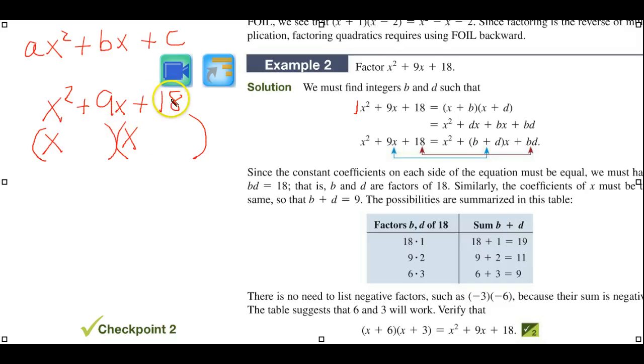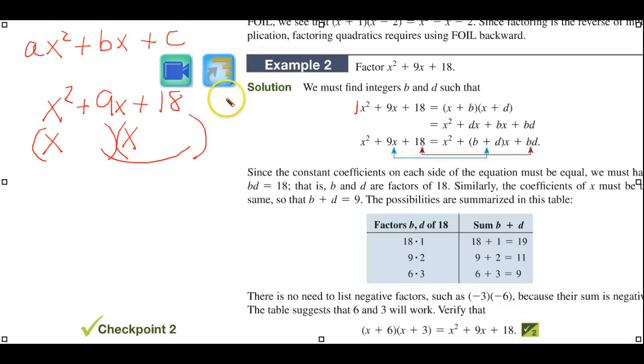Now we look at the last term, our c term, and it's 18. Now we want to get factors of 18 that when we multiply these factors of 18, they produce an 18, but now we're going to add up to a 9.